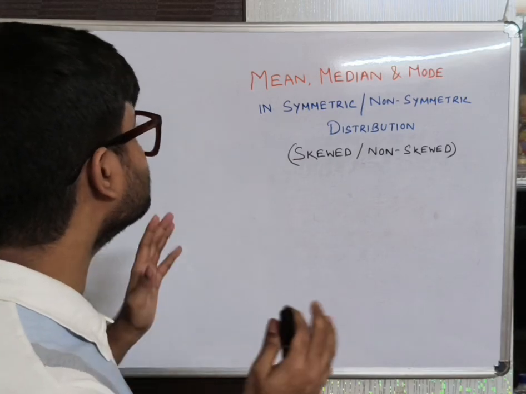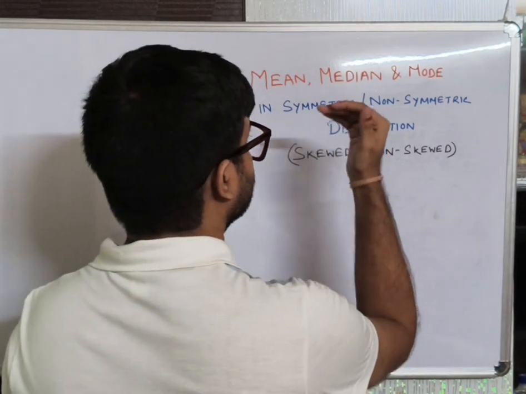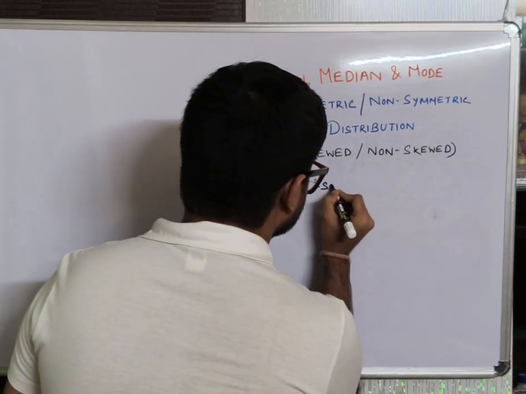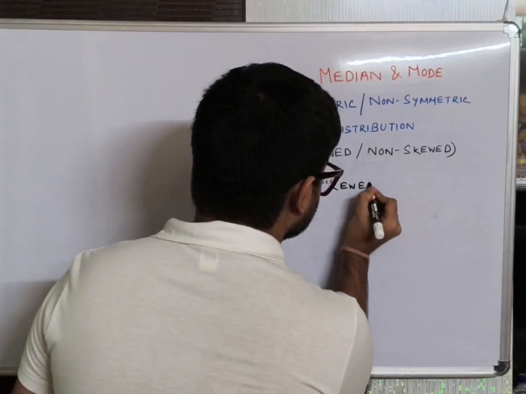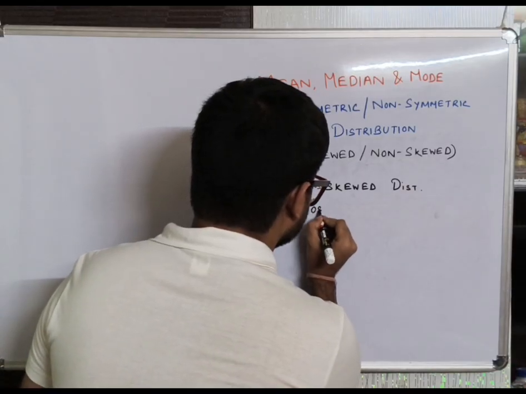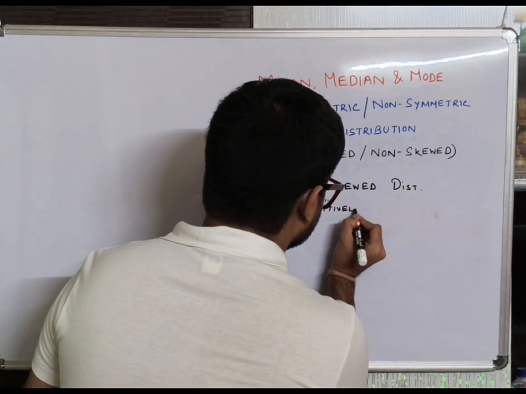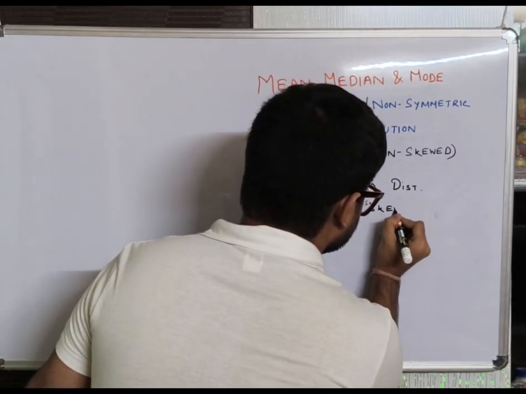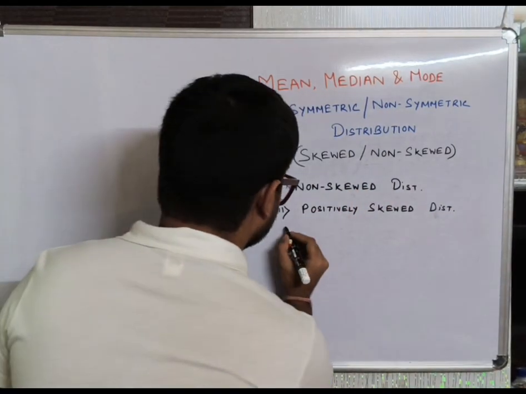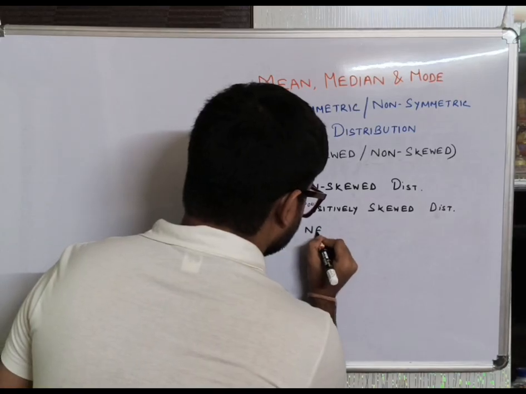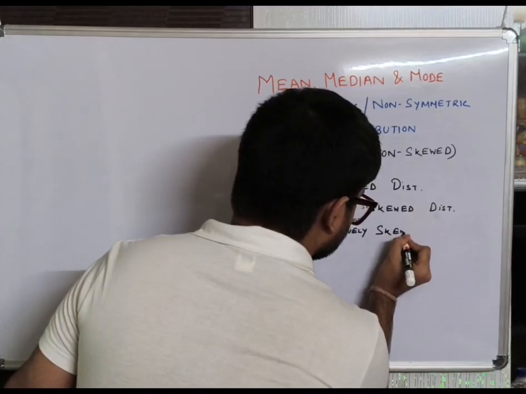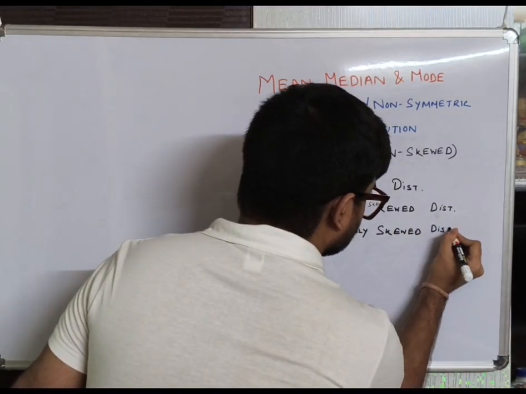Okay, so we'll see the relationship between mean, median and mode in a non-skewed distribution, then in a positively skewed distribution, as well as in a negatively skewed distribution.